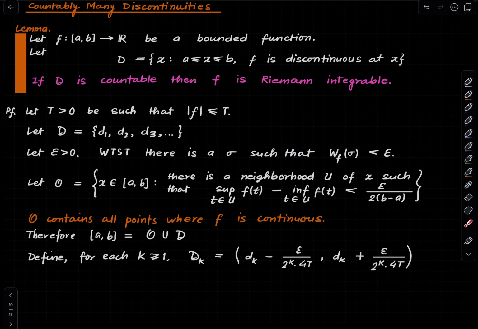So this is an interval of width twice this around the point d_k. Here is the thing. If we sum up the lengths of these intervals, or even, since we haven't seen infinite series yet, we will see them later, I can't just sum up the lengths of all of them, even though you might have read something about that in high school. The point is, these are all open sets, and together, along with the set O, they cover the entire domain.